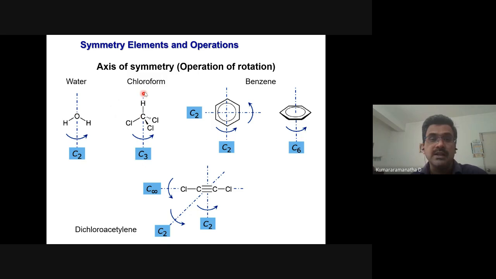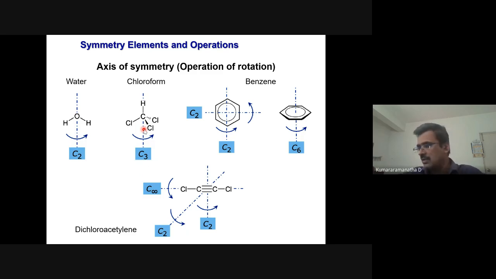For this, three Cl groups are angled at 120 degrees in one plane, like a triangle, you can easily think about it. Around the CH axis, if you do a threefold rotation, threefold means 120 degrees, you get the same configuration.